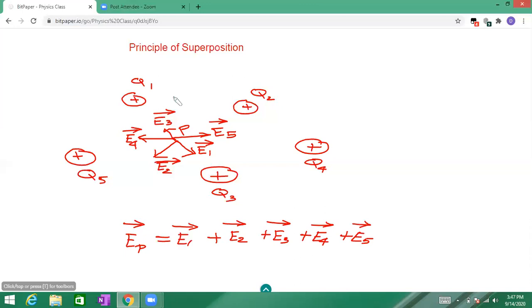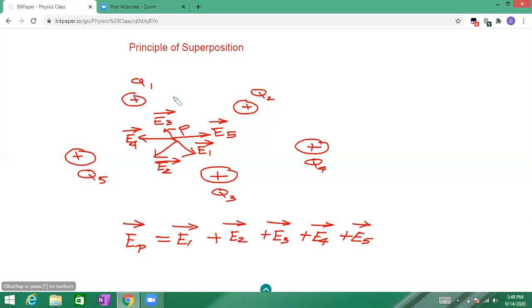So whatever be the number of charges, the resultant electric field at a point is the vector sum of individual charges.